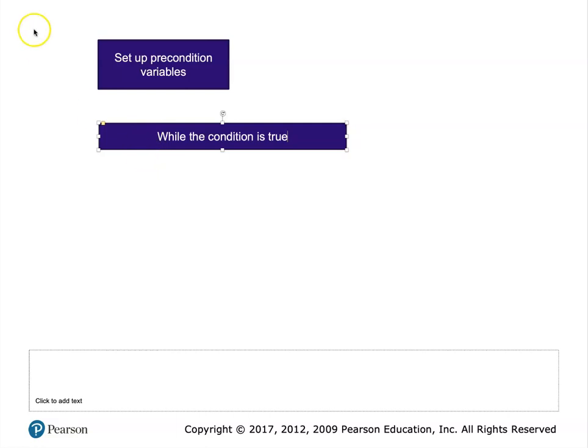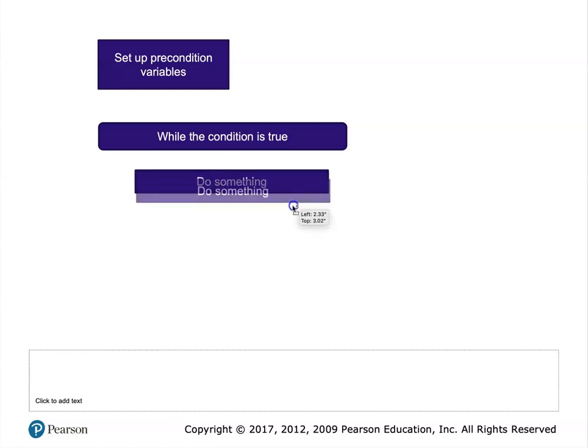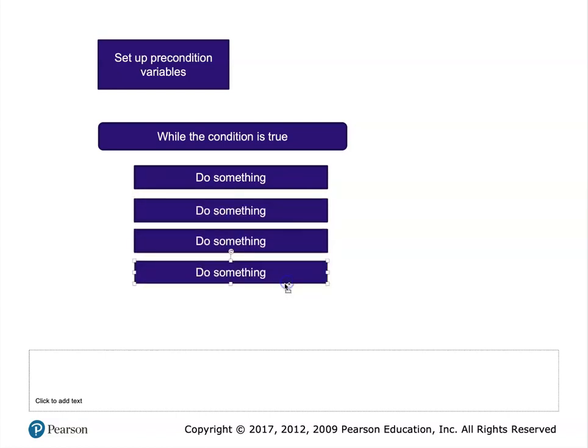While the condition is true, do something. And maybe we're doing a sequence of somethings. And then at some point inside of the loop, change the value of the precondition variable.